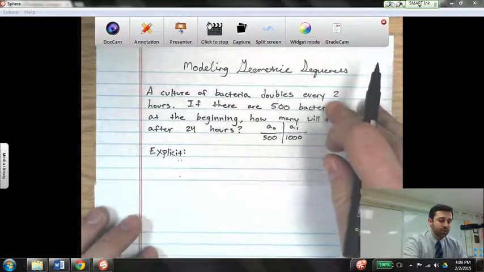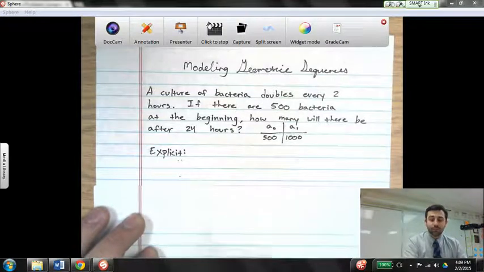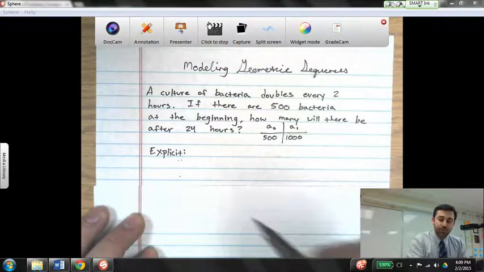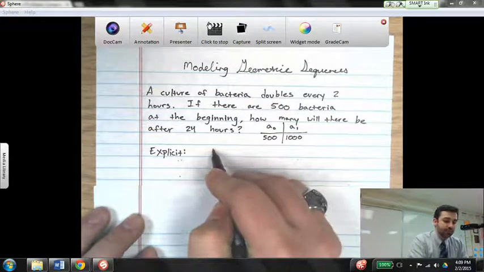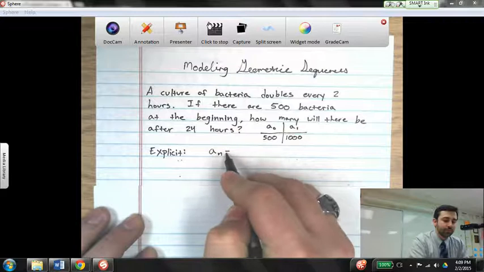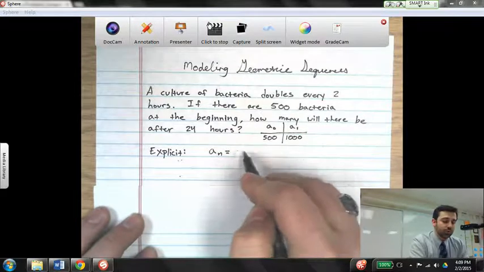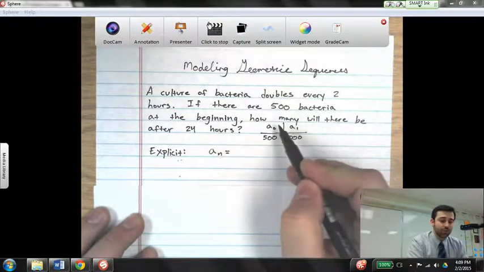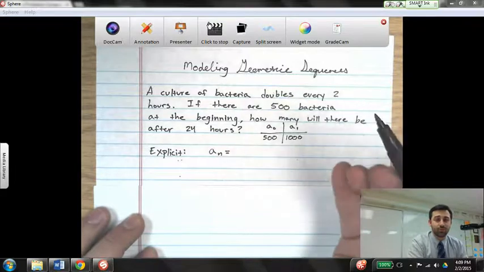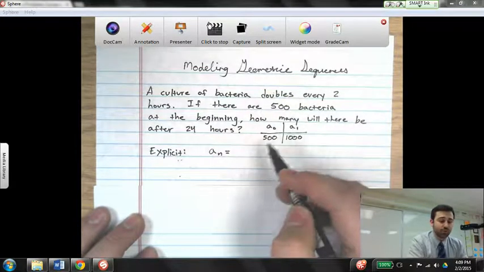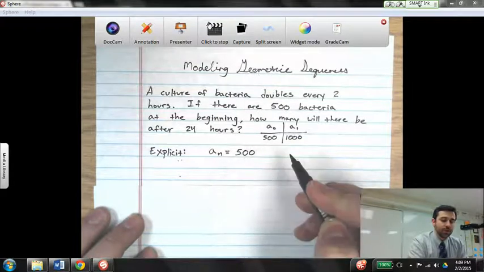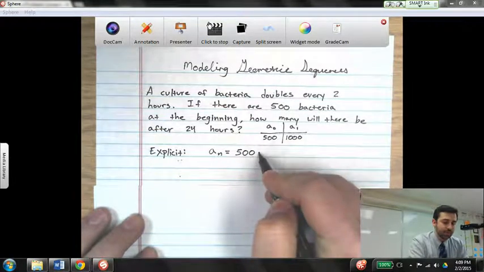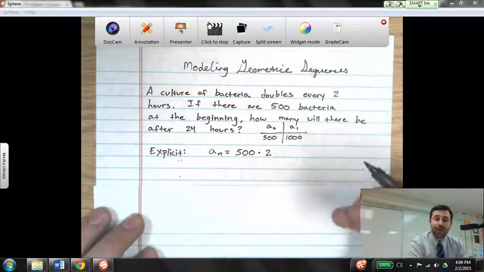So let's begin by writing our explicit rule for this situation. Using the subscript notation, we will say that a sub n is equal to our starting value. For this example, we'll use a sub 0, an initial value, times the rate, the constant ratio.